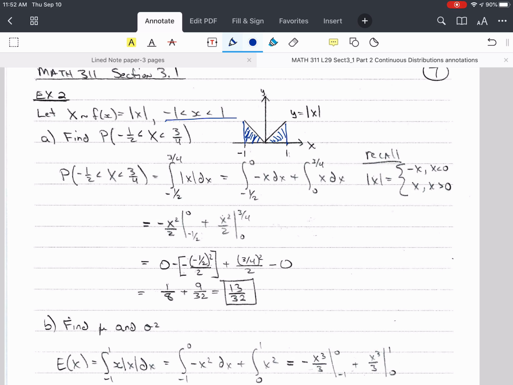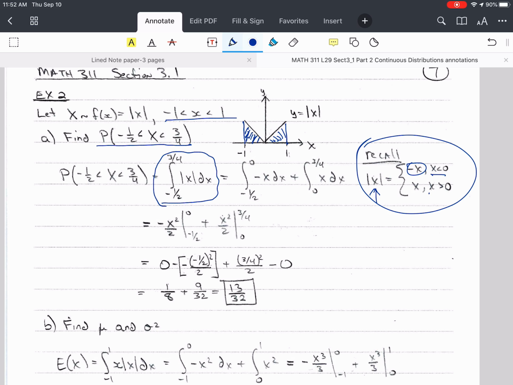So we want to find the probability that x is between -1/2 and +3/4. So we can write the integral using f of x dx, but let's use the definition of the absolute value. That's important. You have to do this when you're integrating the absolute value of something. Remember that when the quantity inside the absolute value is negative, you use the negative of the value.